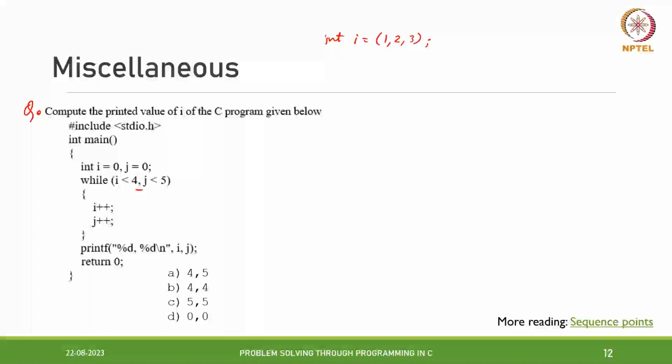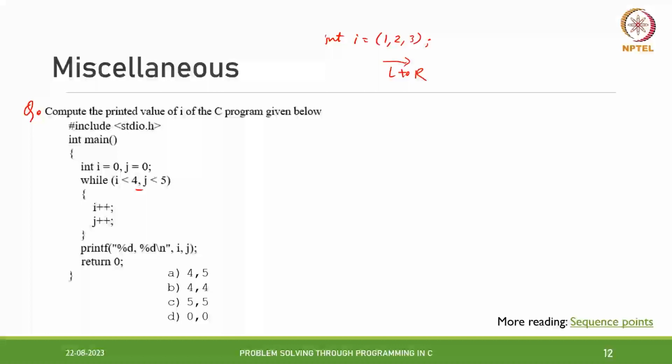Okay, so this comma operator is basically an operator which has left to right associativity. So the operation will occur left to right, and comma is the lowest precedence operator.